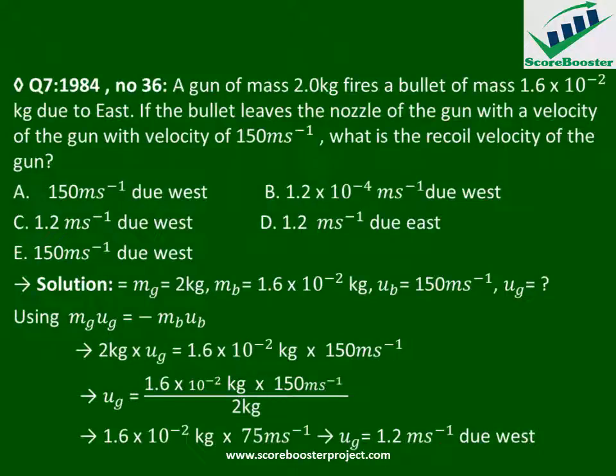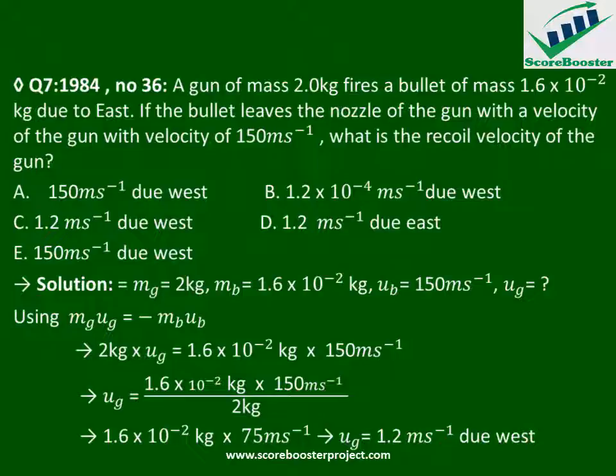The next question we shall be considering now comes from 1984, number 36, and the question goes thus. A gun of mass 2.0 kg fires a bullet of mass 1.6 times 10 raised to power minus 2 kg due east. If the bullet leaves the nozzle of the gun with a velocity of 150 meter per second, what is the recoil velocity of the gun?